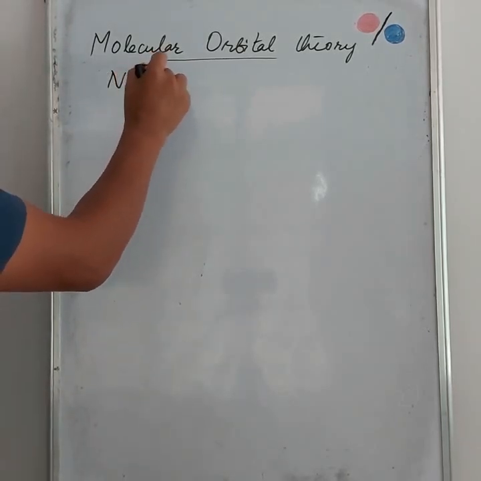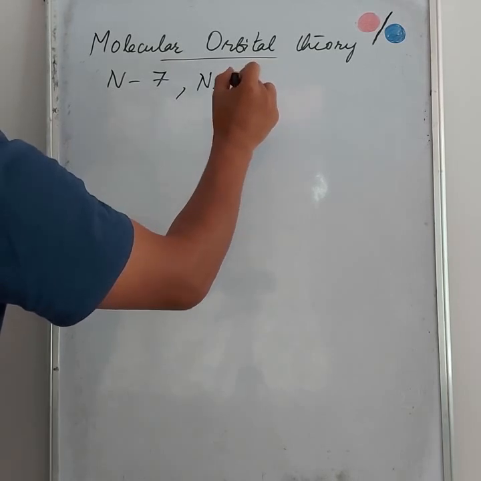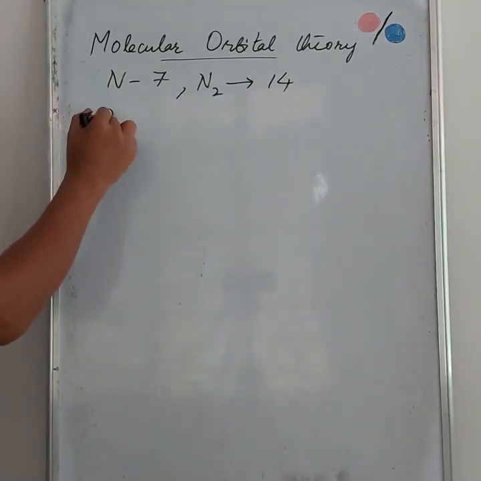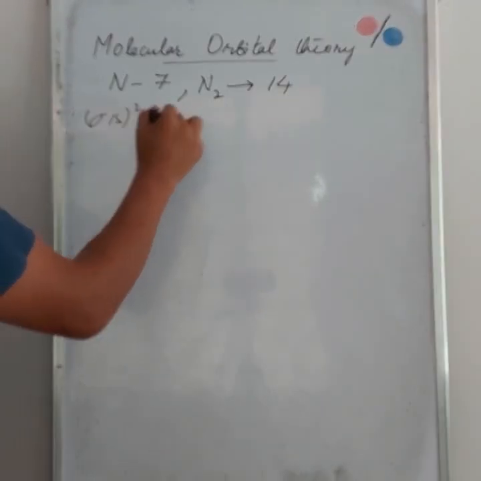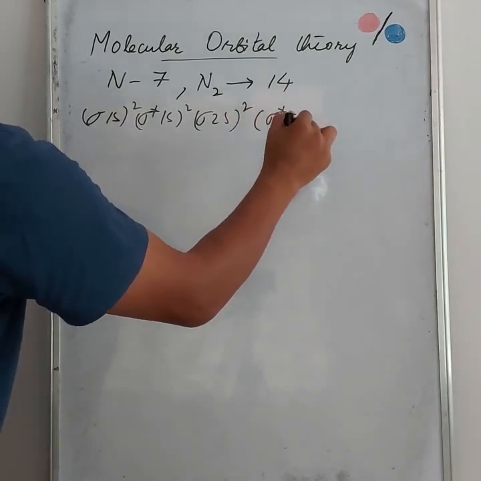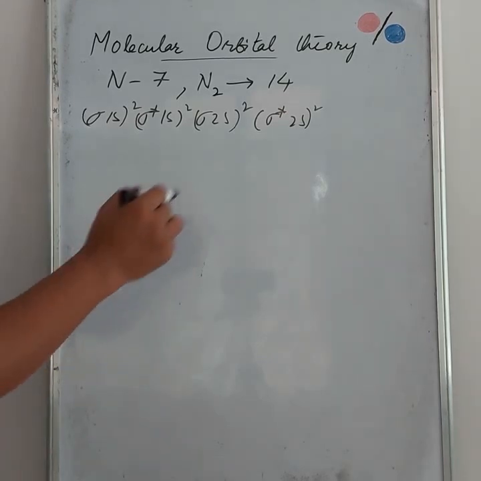So nitrogen is 7, and for the nitrogen molecule it should be 14 electrons. So sigma 1s 2, sigma star 1s 2, sigma 2s 2, sigma star 2s 2, and then we move on to the pi orbitals.